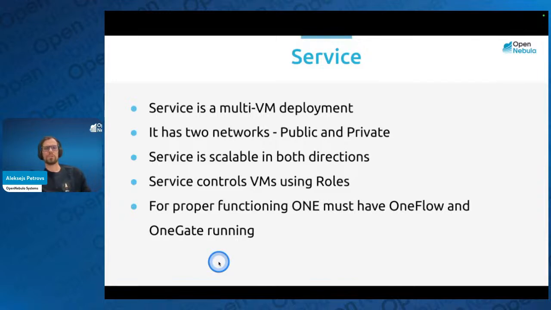Now, also service is scalable in both directions, right? So you can scale to increase the number of virtual machines, or you can scale down and, let's say, go from having like 4 VMs to 2 VMs, if that's your case. So that is again the benefit of a service.